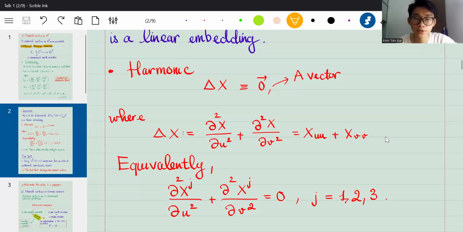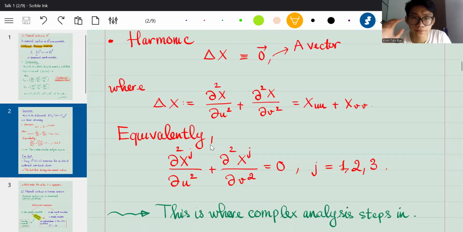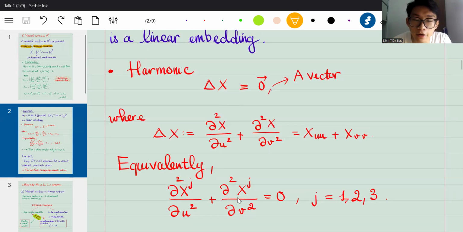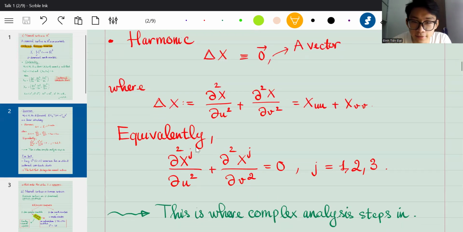Since we are having an immersion into R3, this connection Laplacian can be written down in a very familiar way, which is d squared X over du squared plus d squared X over dv squared equals 0. Or another way to put this is that the component functions of the map X are harmonic in this sense, right?